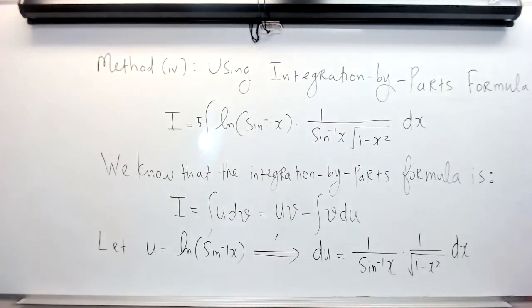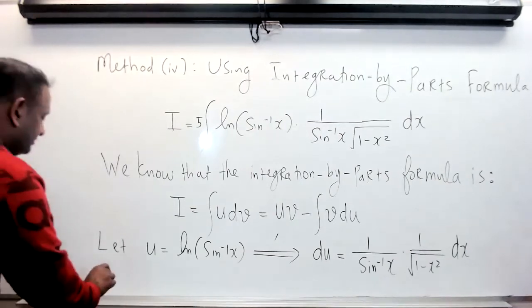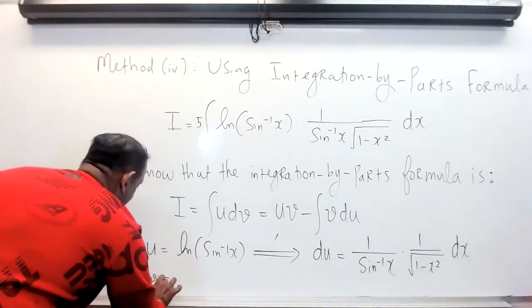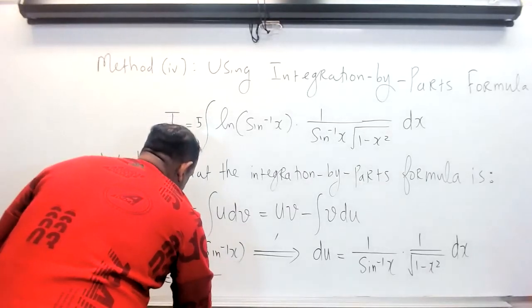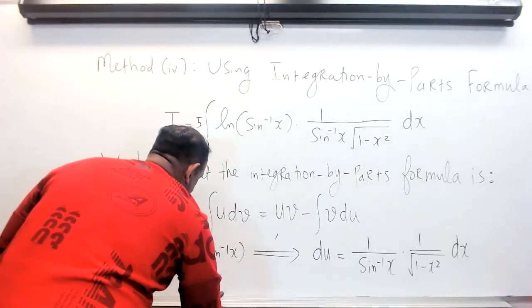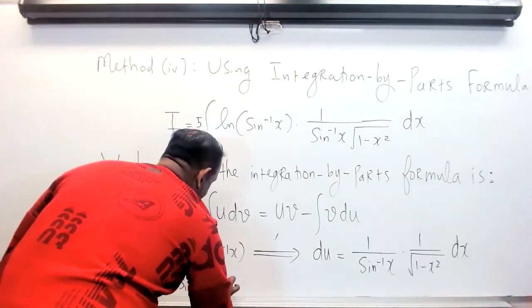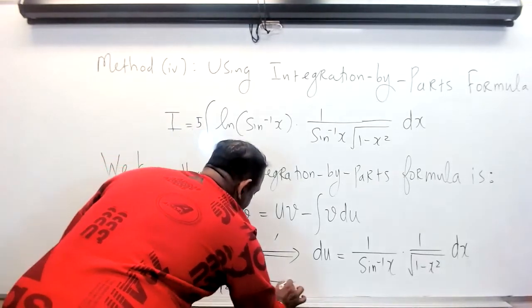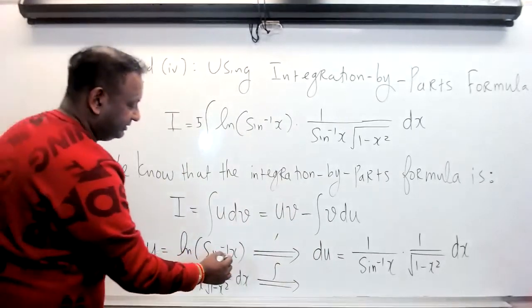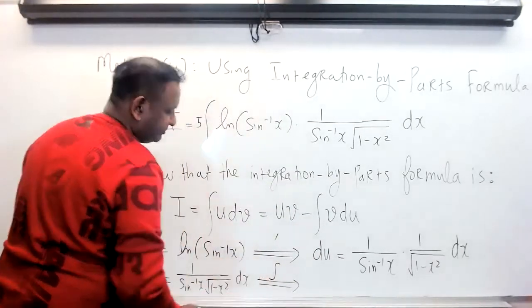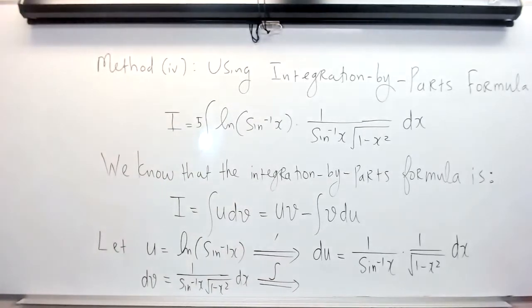Then what is dv? dv has to be this whole thing: 1 over sine inverse x times 1 minus x squared dx. To get the v, you have to integrate. This is a sign for integration. That means you have to integrate both sides.